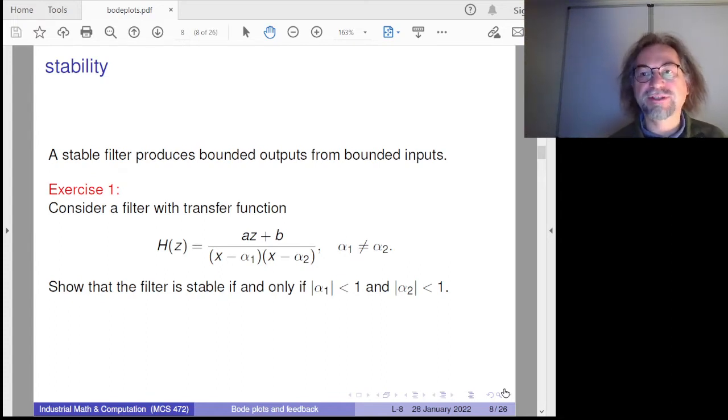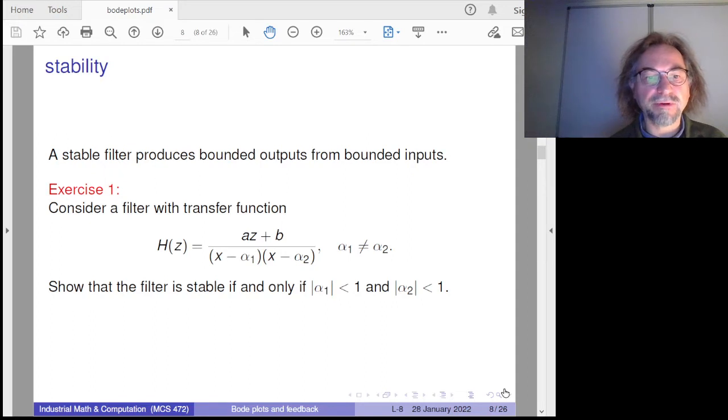Before we actually get to the plotting, here is an exercise where we consider the transfer function of a filter. The numerator is a linear expression and the denominator has two roots. Let's consider them distinct. Now show that the filter is stable if and only if the roots of the denominator are strictly less than 1.